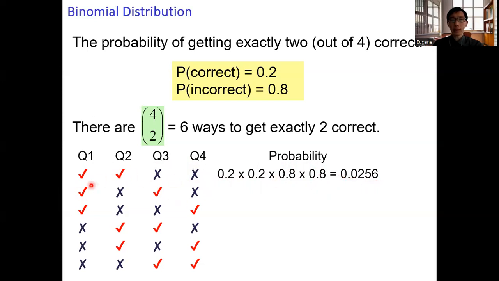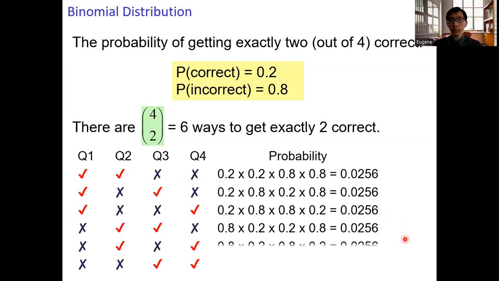In the second case, we have the expression 0.2 times 0.8 times 0.2 times 0.8. The probability is 0.0256. Similarly, we can get the expression for the remaining 4 cases.